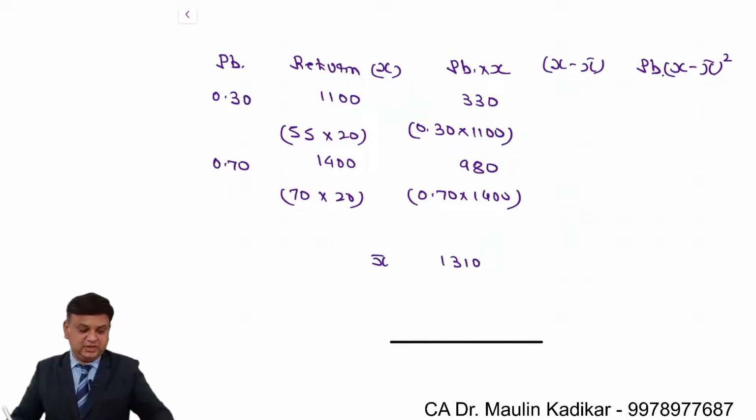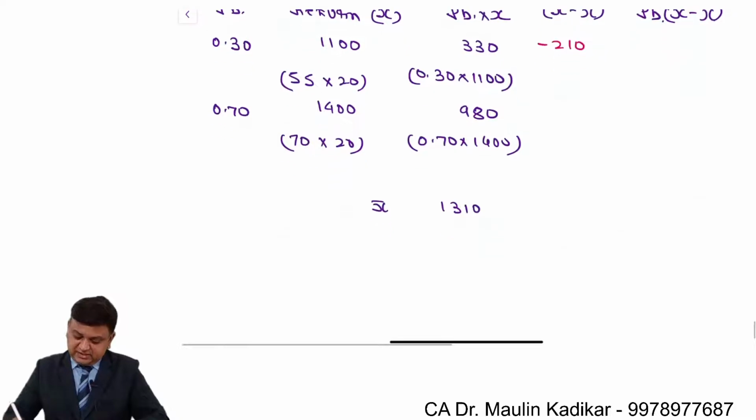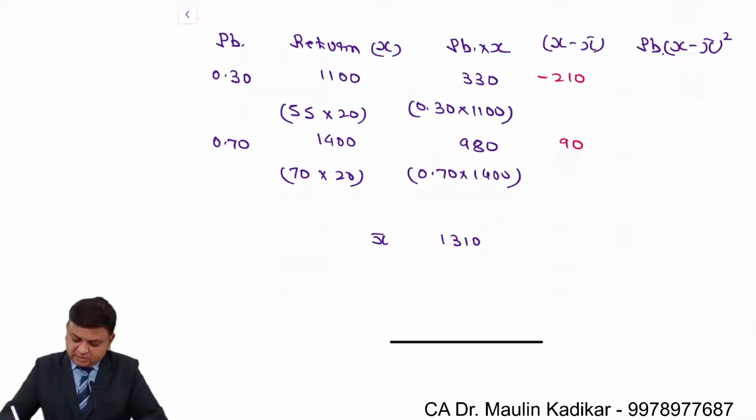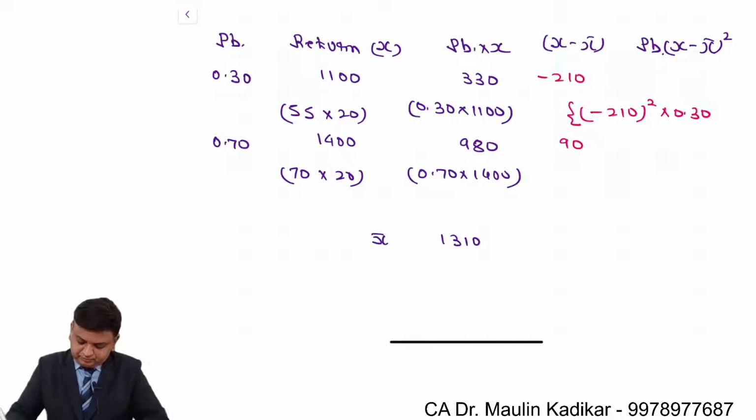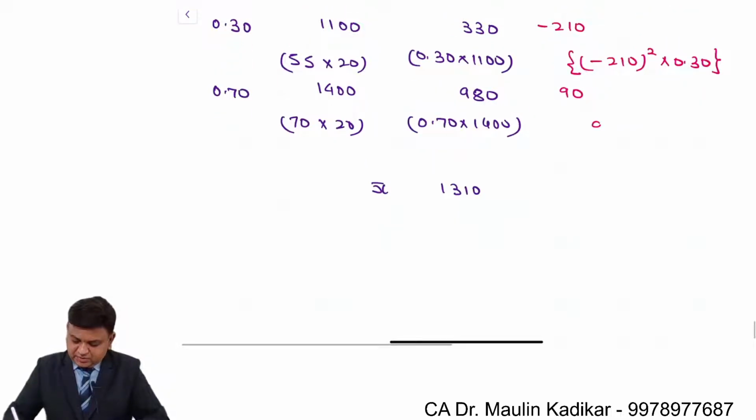Then x minus x bar: 1100 minus 1310 is negative 210. 1400 minus 1310 is positive 90. Then negative 210 square into 0.30, and positive 90 square into 0.70.